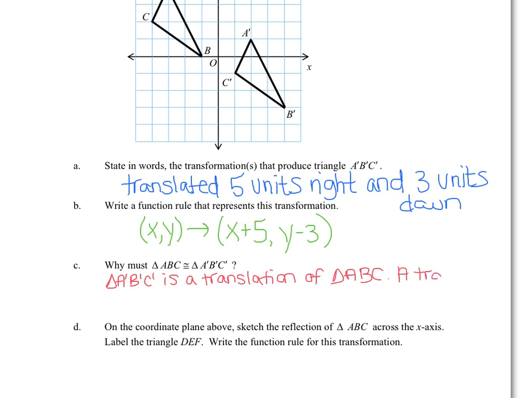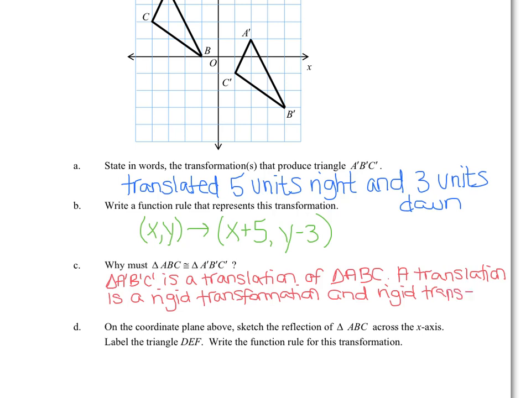We know that a translation is a rigid transformation, and we know that rigid transformations preserve size and shape, which is why they are congruent.